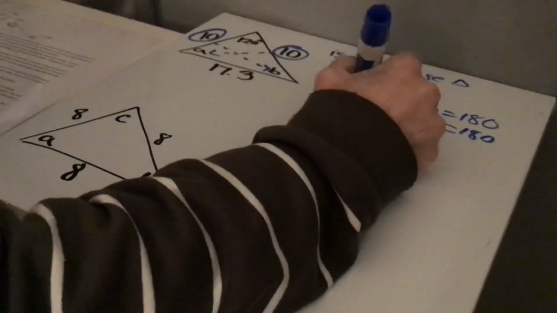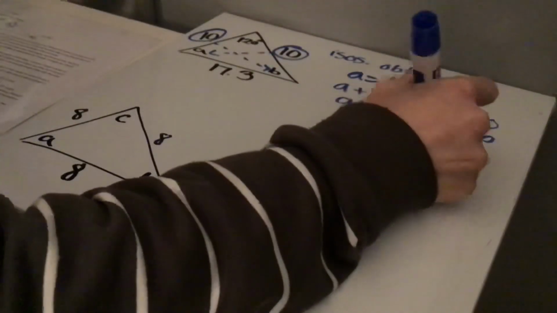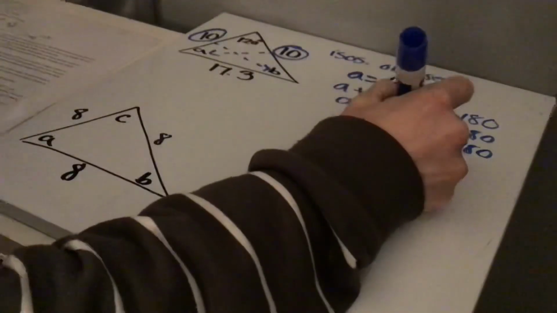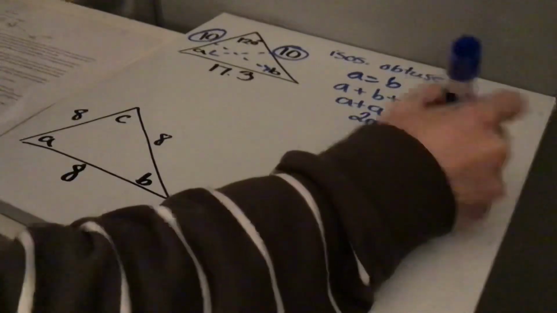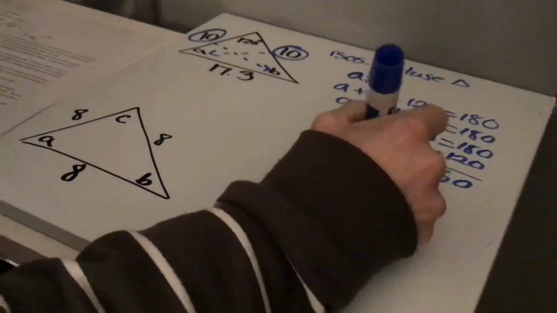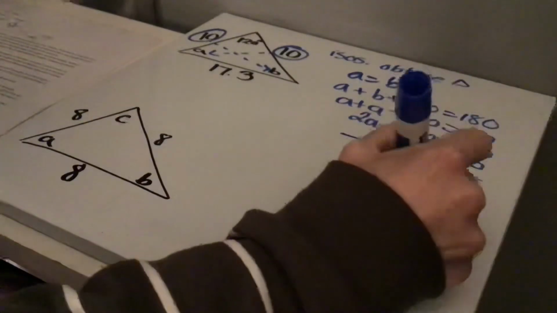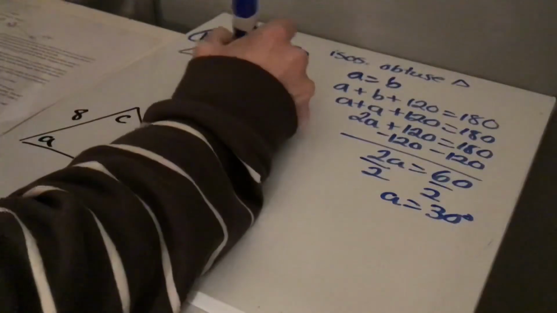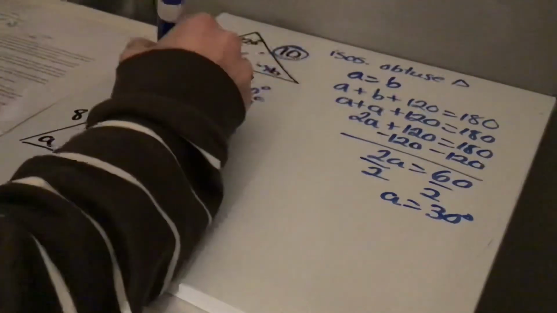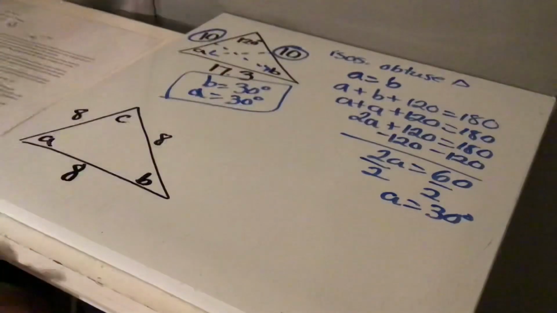So in solving for A, we get 2A plus 120 equals 180. So we're going to subtract 120 from both sides. 2A equals 60 and divide by 2. So we get that A is 30 degrees and B is the same. So both A and B are 30 degrees in that first triangle.